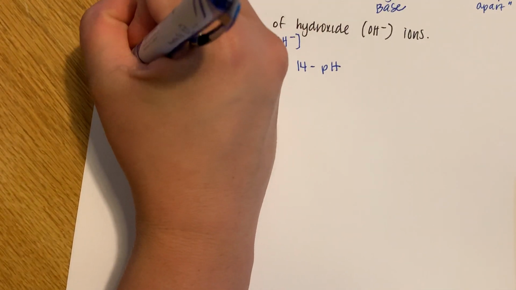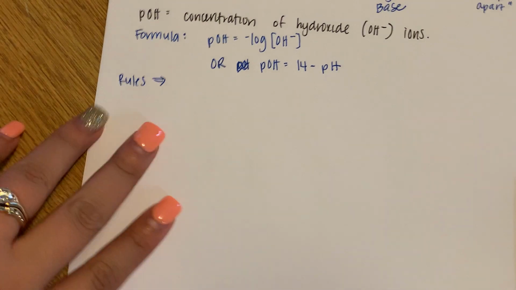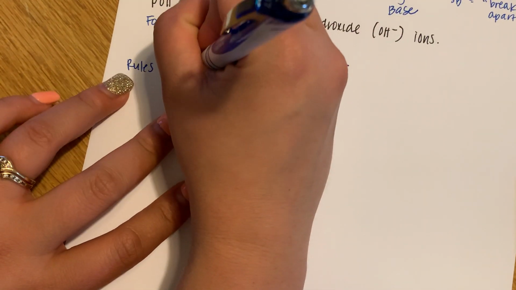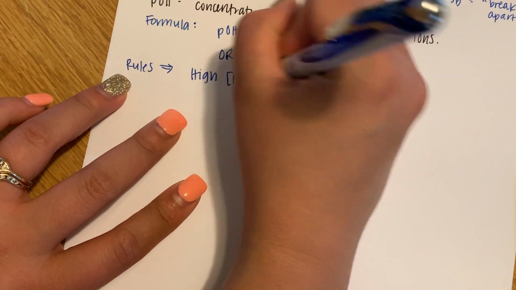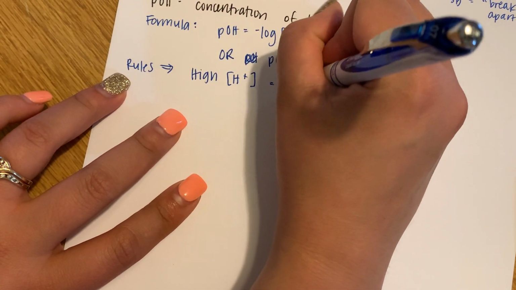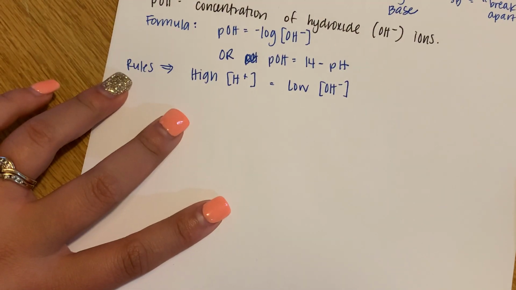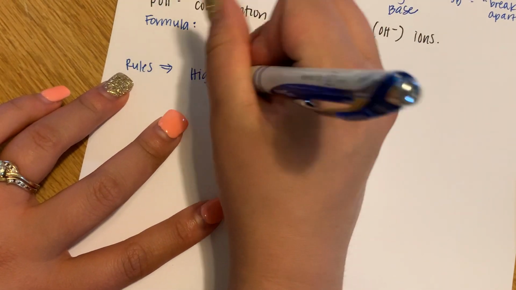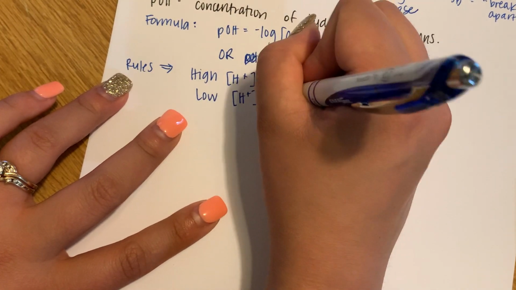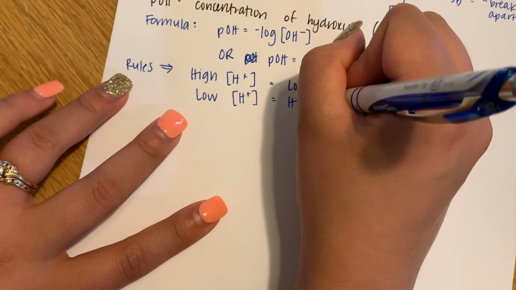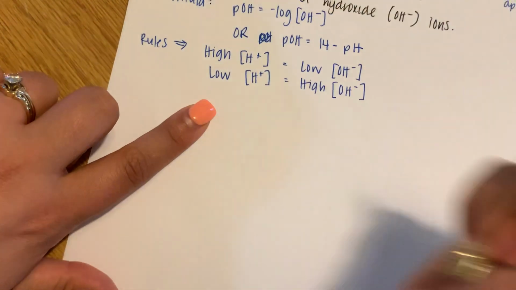So, let's go over these rules really quick. If there is a high hydrogen concentration, that means that there's a low hydroxide concentration, right? And the same goes if I flip these two. If there's a low hydrogen ion concentration, there is a high hydroxide concentration, right? And then let's just review here.